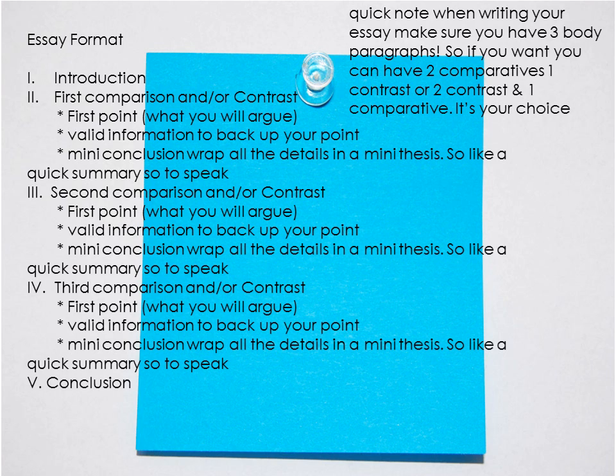Then the valid information to back up your point, and then a little conclusion, a mini thesis about that paragraph. So a quick summary of that comparison or contrast. Then apply that to your second and third one. You want the first point, so what you're going to argue, the information, so the history to back you up, and then wrap it up in a little bow. Regurgitate it in a quick sentence or two of what you just discussed. And then you have your conclusion.